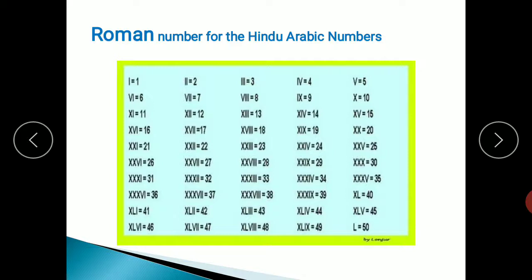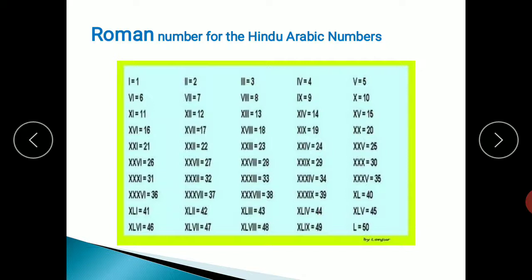I before V, to the left of the 5 number. 5 in the Hindu Arabic number we write in Roman number as V. So 5 minus 1 is 4. When you write it on the back side of the number, it will get minus.